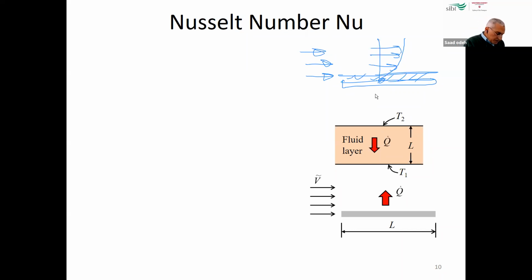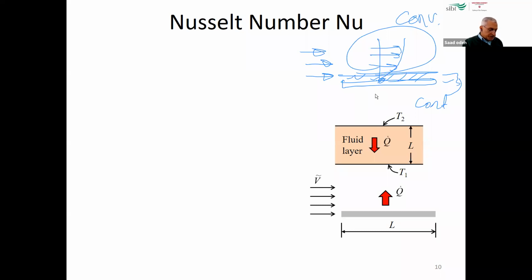So this small part will have conduction, and all the other part here is convection. Because of this difference, we need to include conduction as well when we find h, the heat transfer coefficient.